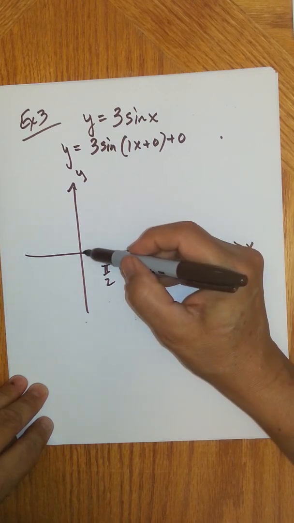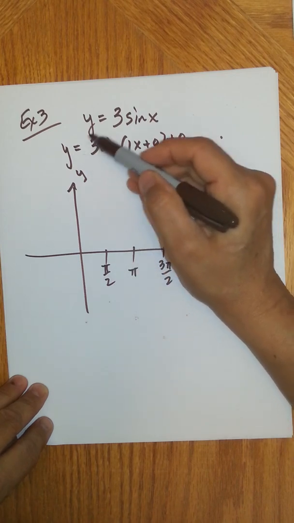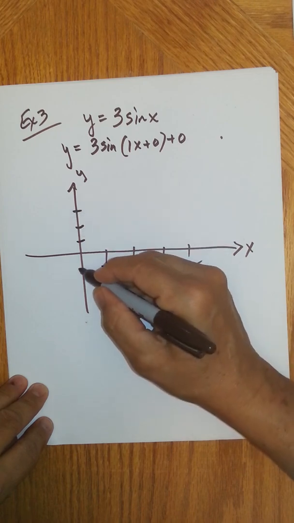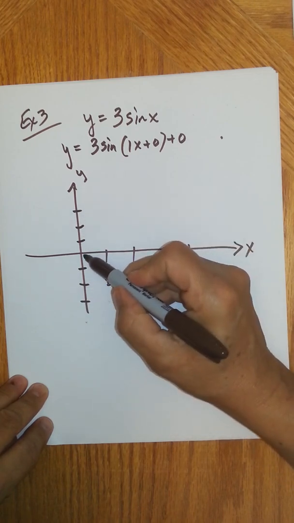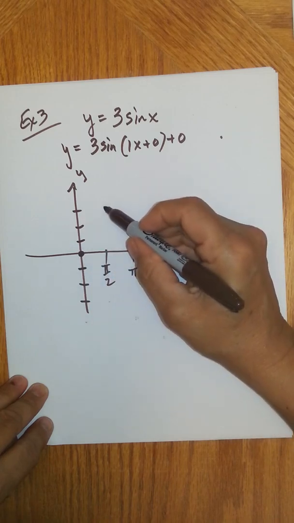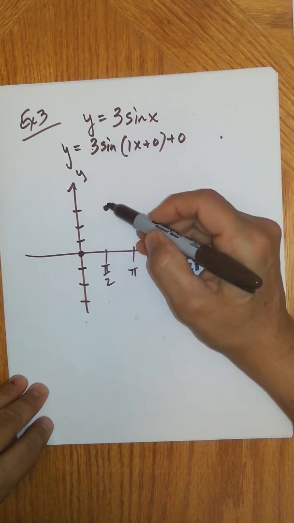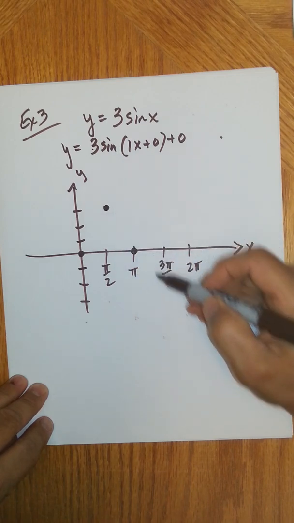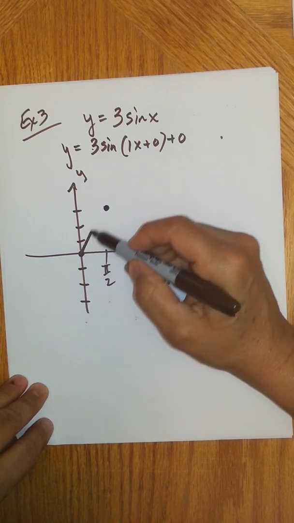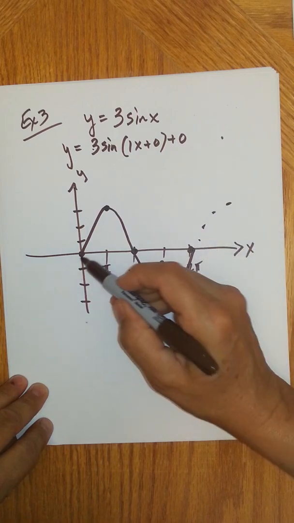Now, the difference is before I used to go up 1 and then come down 1, but now everything is being multiplied by 3. So instead I'm going to go up 3 and down 3. This is still the axis I'm wrapping around, but now I'm going to start here at the axis. My max is now going to be 3 times what it used to be, so 3 times 1 is 3. Then I'm going to come back to the axis, and then go down to the min, negative 3, and then come back. And again, it would continue on forever.